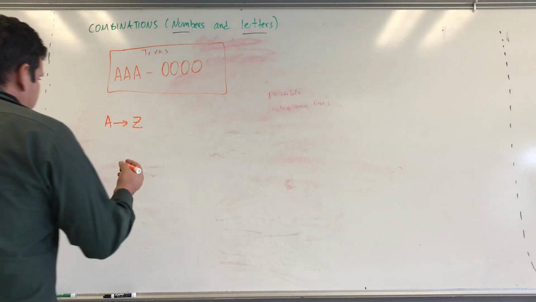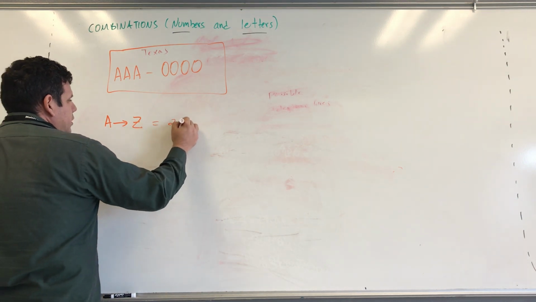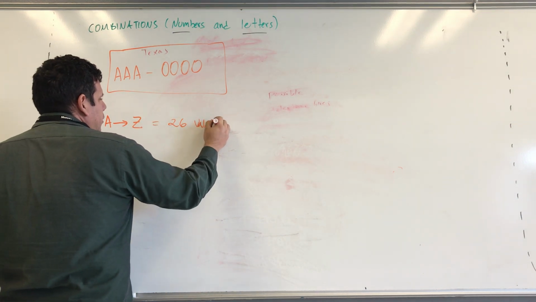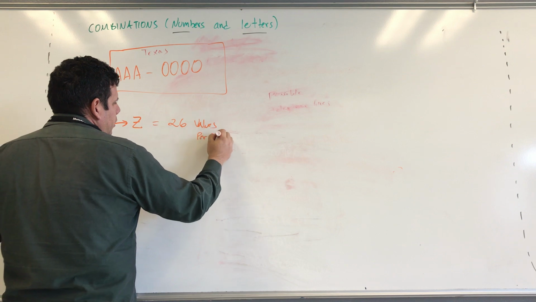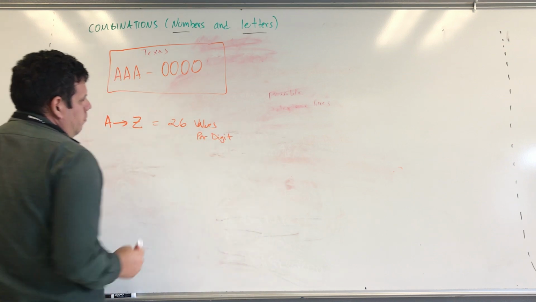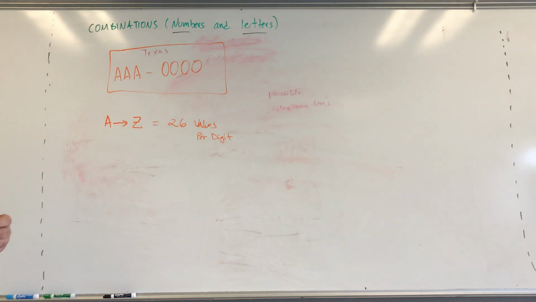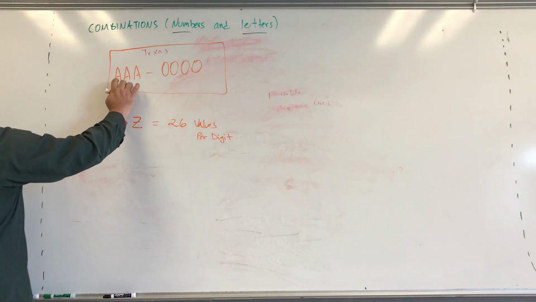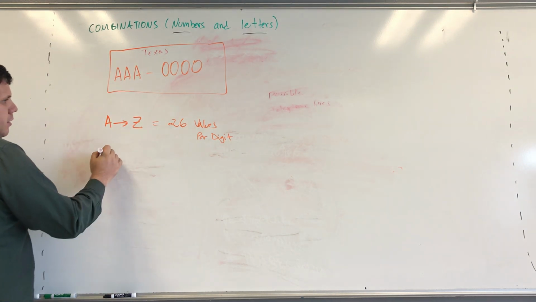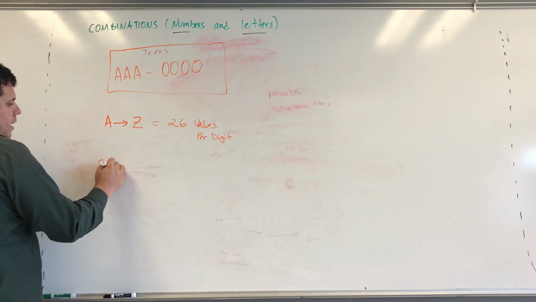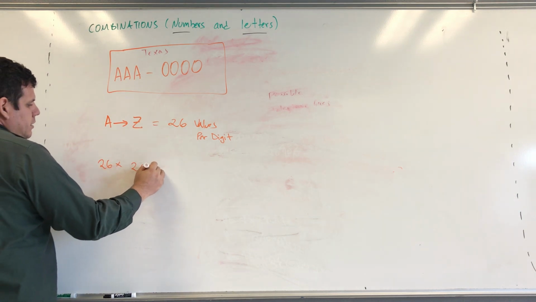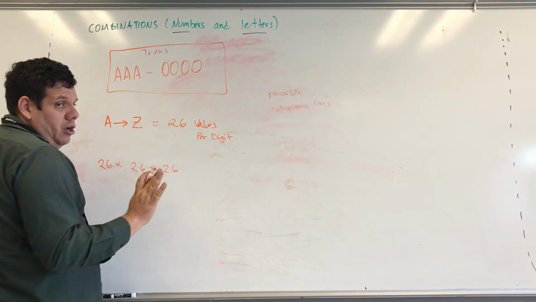So per digit, I will have 26 values. So if I have 3, I will have 26 times 26 times 26.